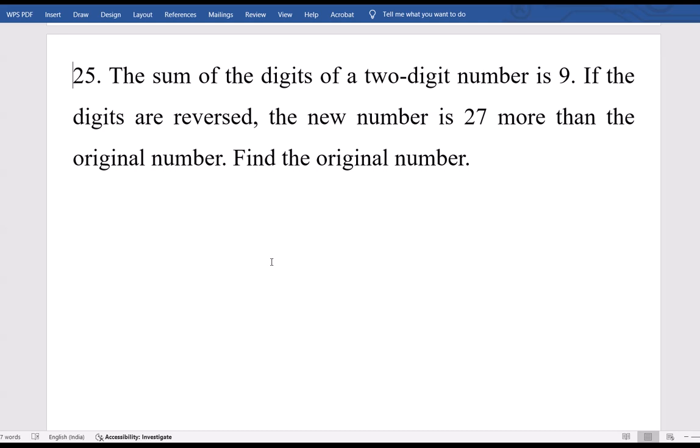On purpose I removed the options so that you can learn how to solve the question. Original number should be less than 50 for sure. It should be less than 50. Answer is 36.